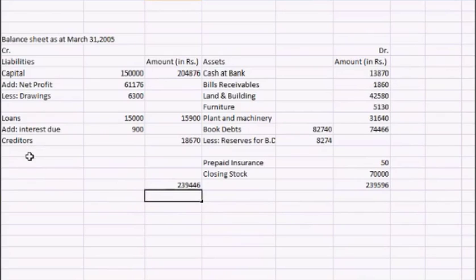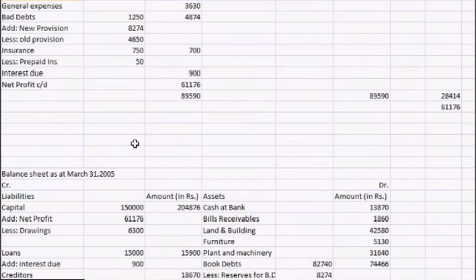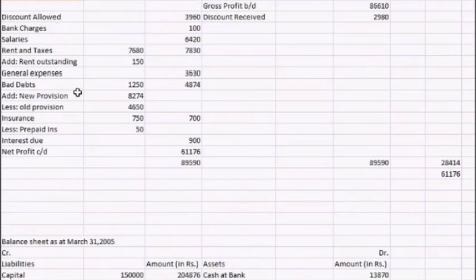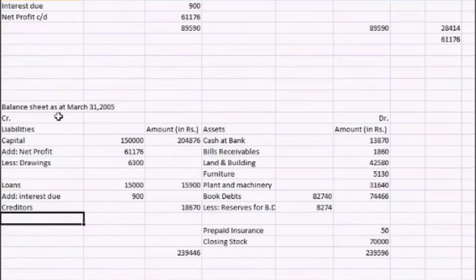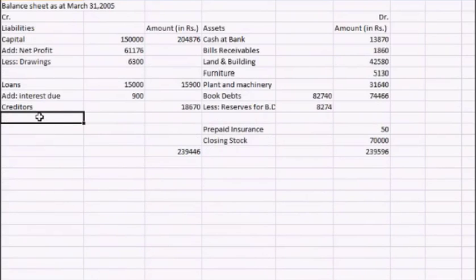Okay, I have missed out the rent outstanding. I have not incorporated the rent outstanding, which has been incorporated in the profit and loss account. So just let me add the rent outstanding. It's outstanding, so we need to pay. This is a liability, so we'll add it on the liability side.